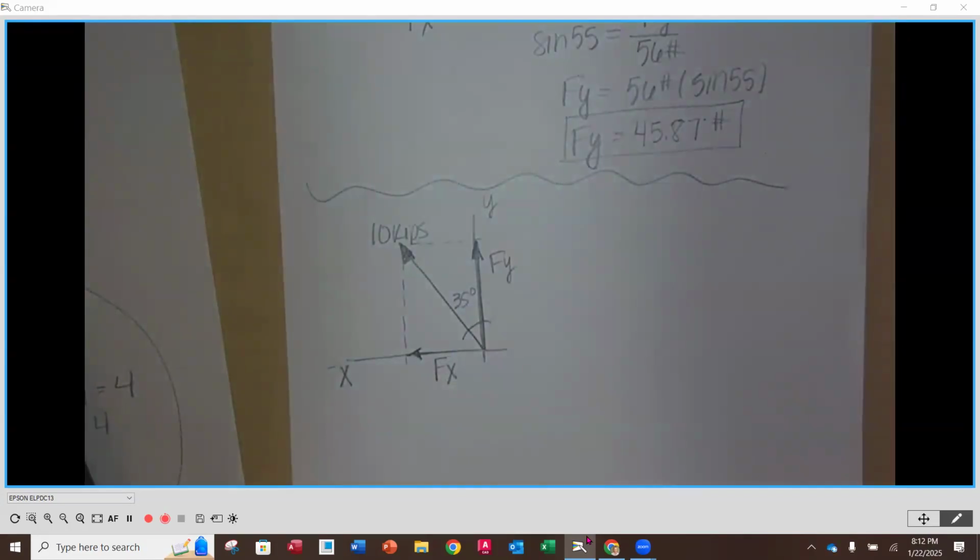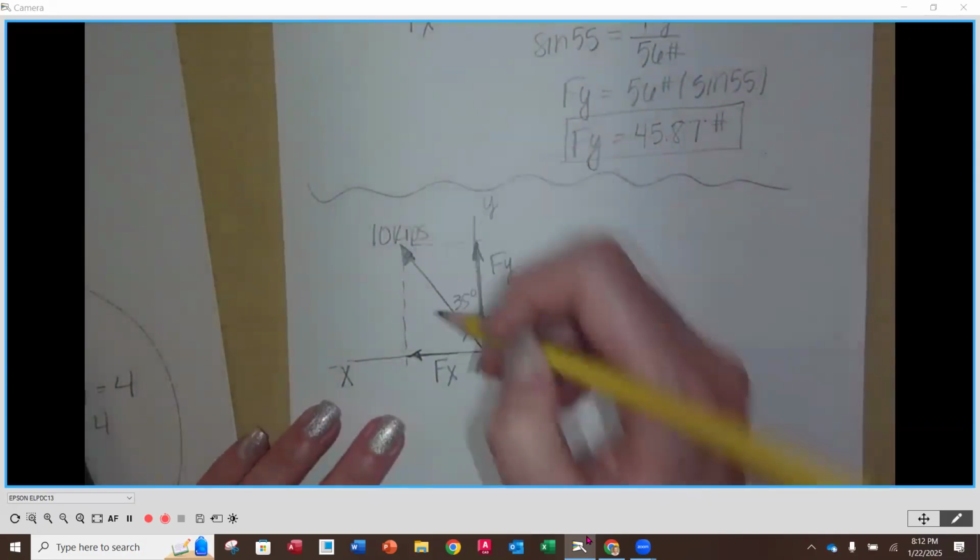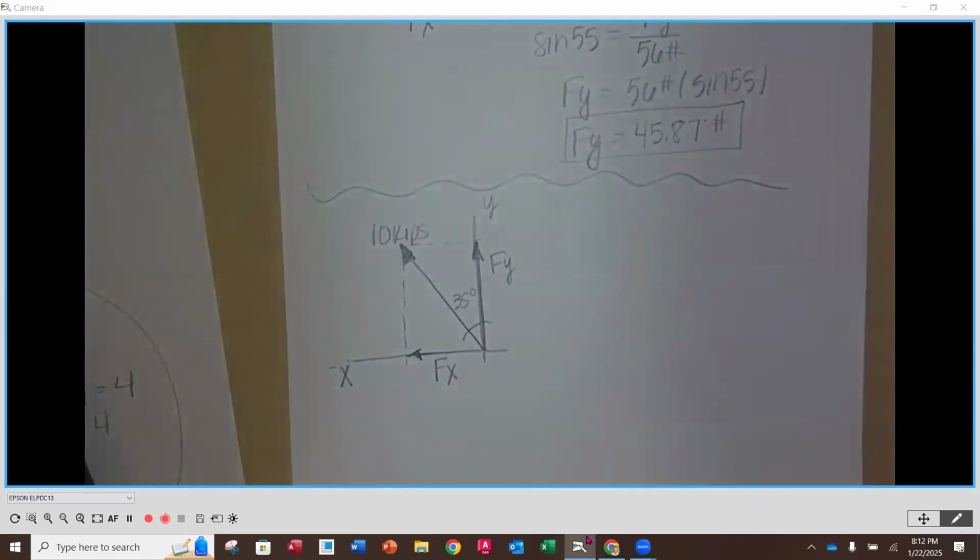The Y should go up and intersect with the line going horizontally over, and the X is going to go to the left. Now we want to solve for each one of those values of X and Y. So we know the hypotenuse and we know the 35 degrees.